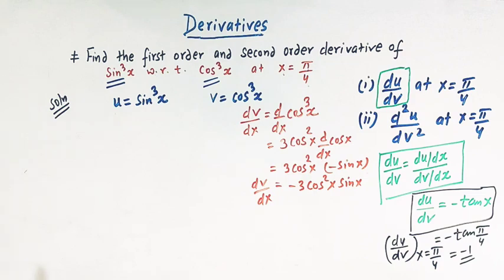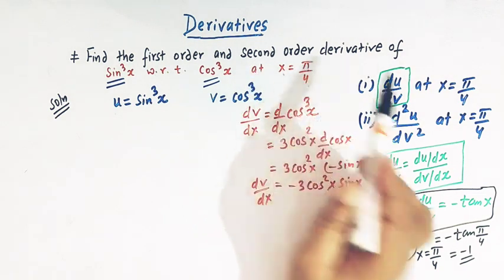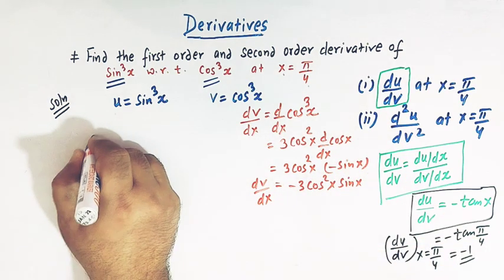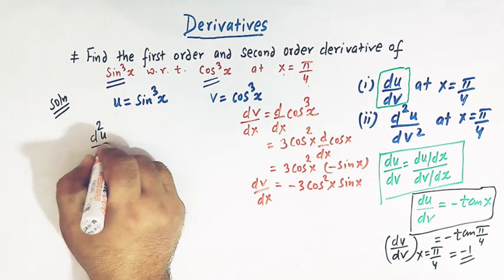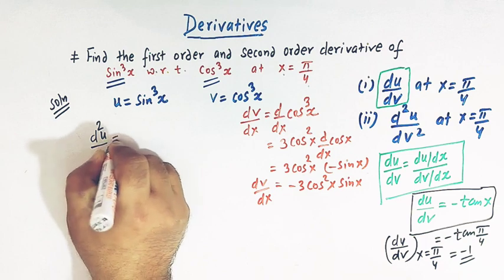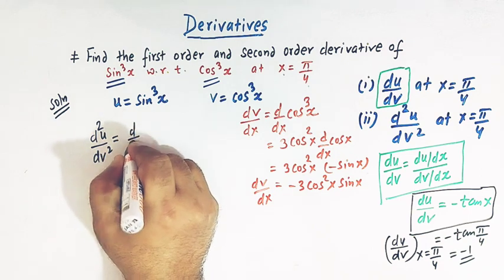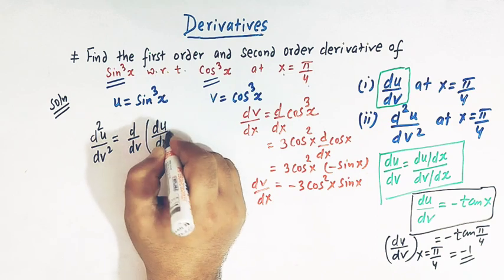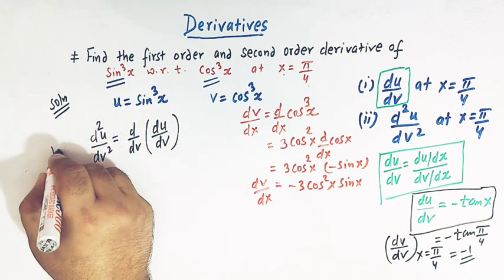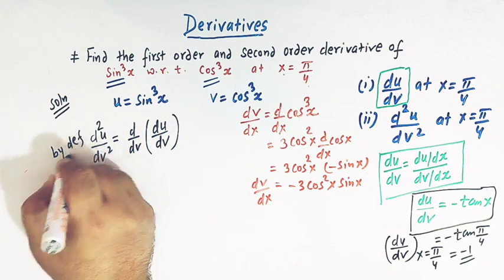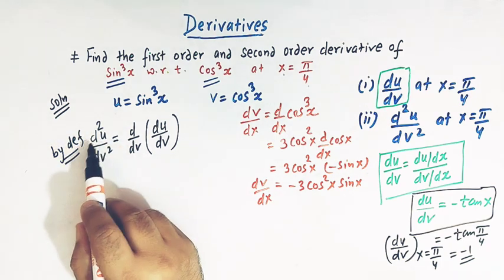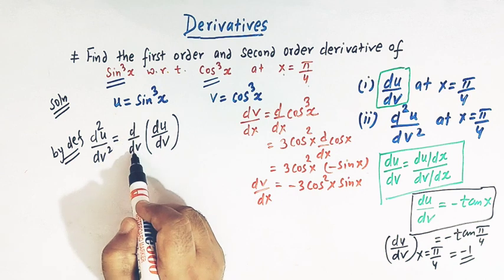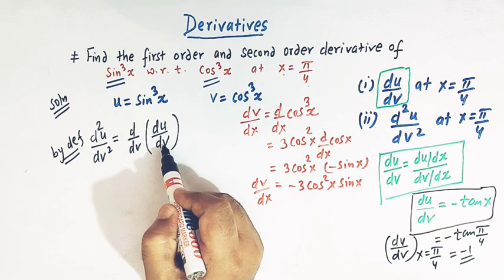So now we have to find the second order derivative, that is d2u over dv2, right? So d2u over dv2 can be written as d by dv of du over dv. By definition of second order derivative, d2u over dv2 is written as d by dv of du over dv, right?